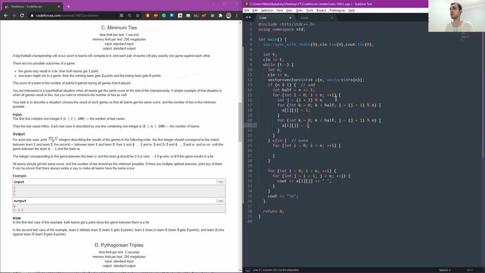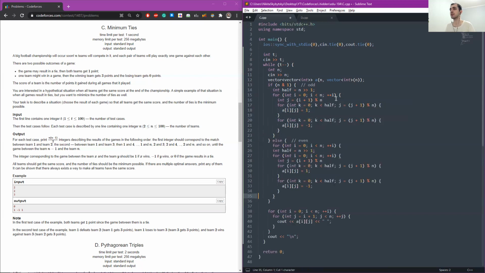Now we're going to say that this team actually lost, right? We should not have any collisions because a_ji corresponds to the perspective of team i, which is exactly what we want.